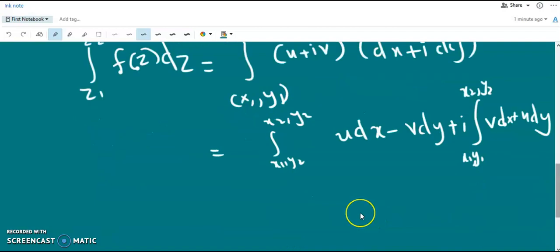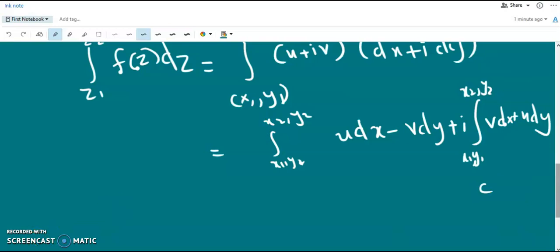The complex integral can be represented as an ordered pair of two real integrals. Here the path joining (x1, y1) to (x2, y2) is specified by the contour C.